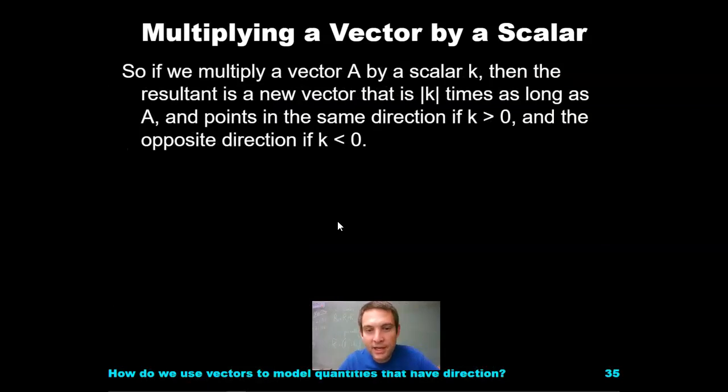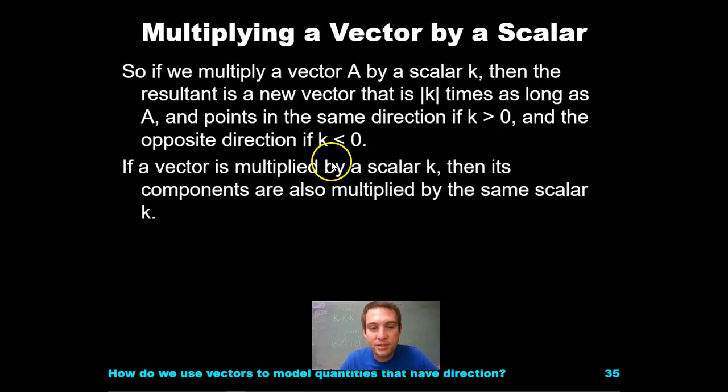If we multiply a vector A by a scalar K, then the resultant is a new vector that is the absolute value of K times as long as A, and points in the same direction if K is greater than 0, and in the opposite direction if K is less than 0.